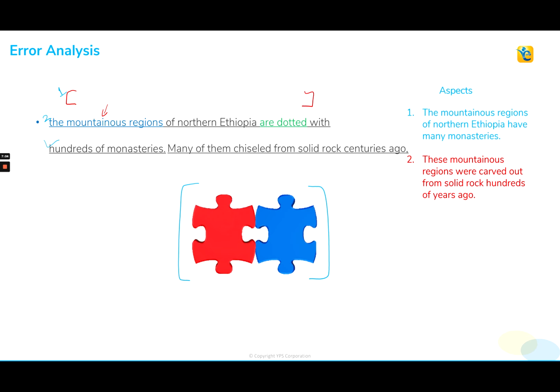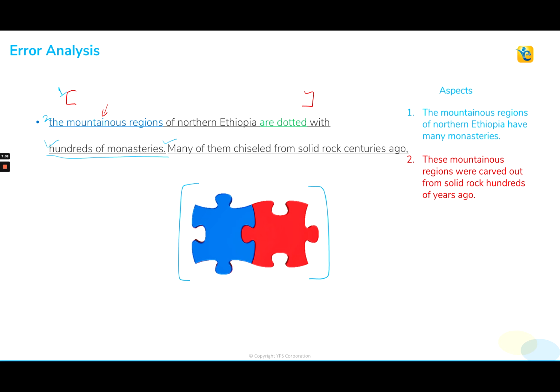By doing so, we actually place many of them chiseled very close to hundreds of monasteries, and this change in the placement actually makes my puzzle complete. Both the pieces connect together well, and the sentence does give me the logical meaning. So at this stage, I kind of know what my correct answer choice should look like.